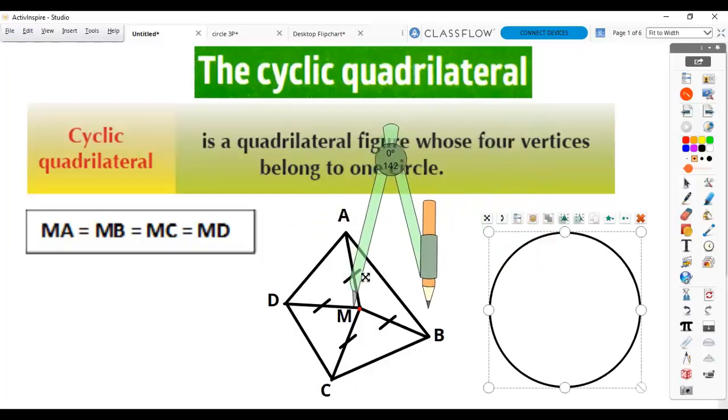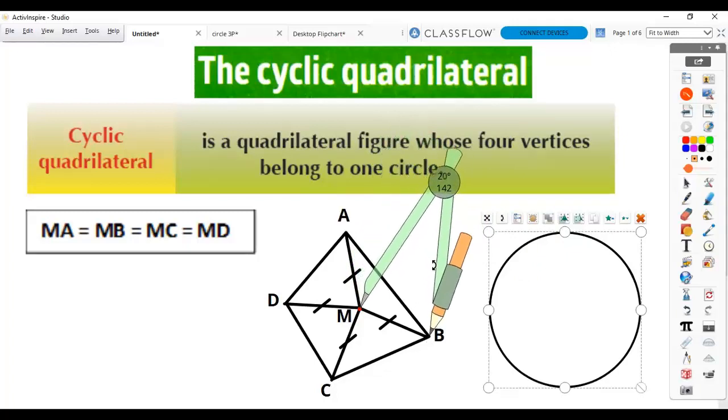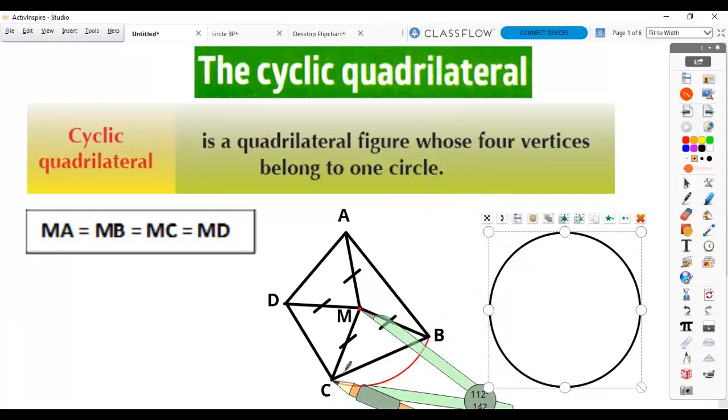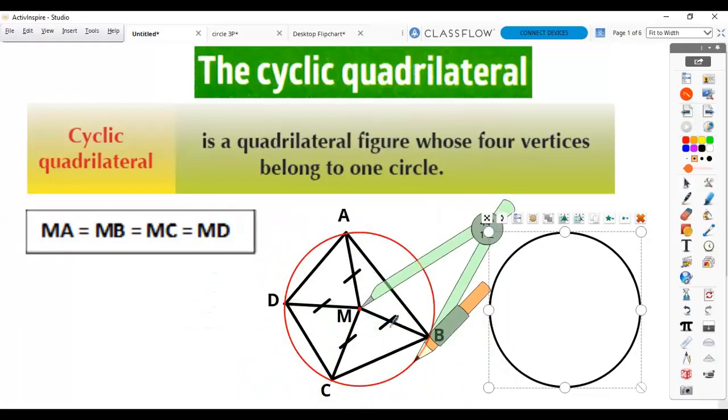Why? Because if we put the sharp side of the compass here, we can make a circle passing through these vertices. So the first property of a cyclic quad here: MA equals MB equals MC equals MD.